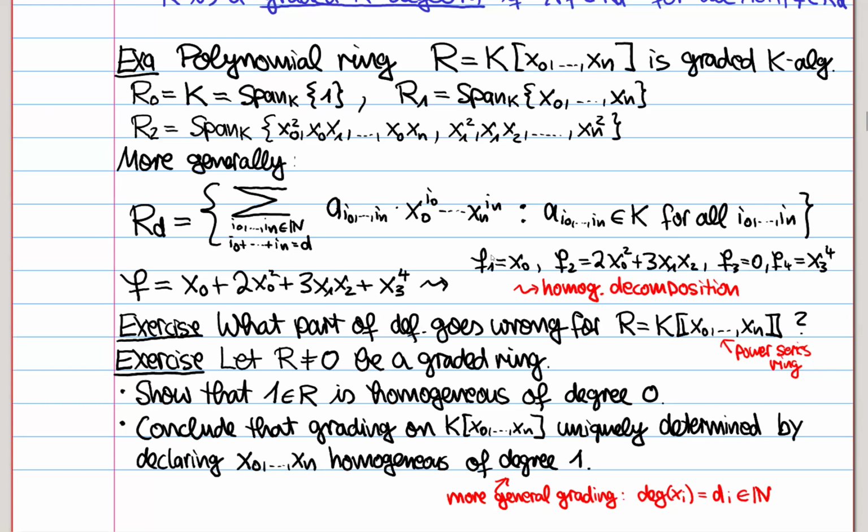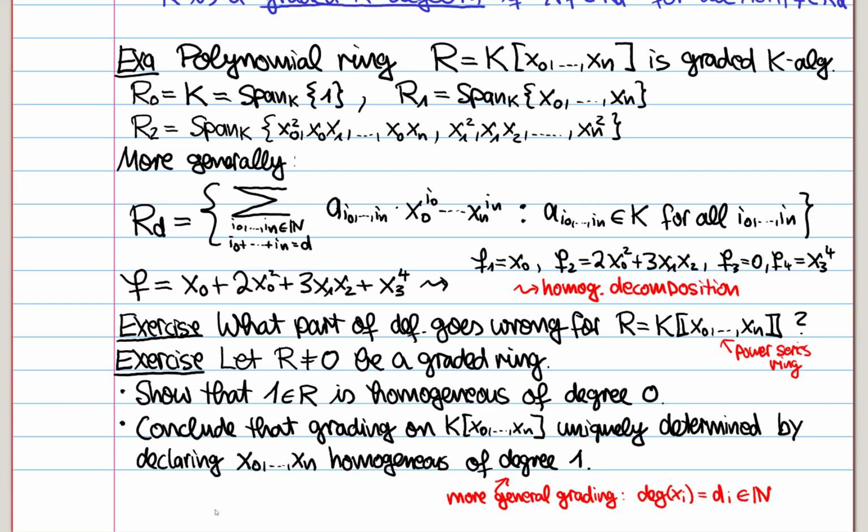We defined it by giving these very explicit conditions, but in fact, the claim is it's uniquely determined by just saying that x_0 up to x_n are all homogeneous of degree 1. So think about how you can show this using this assumption.